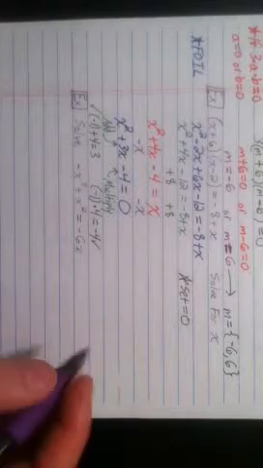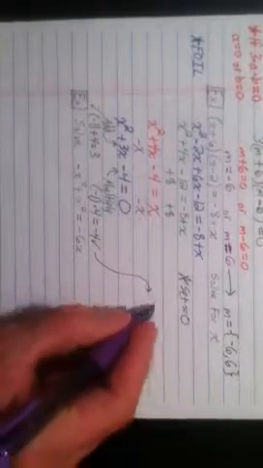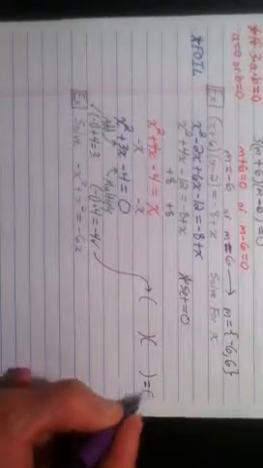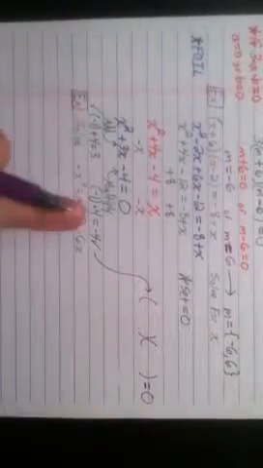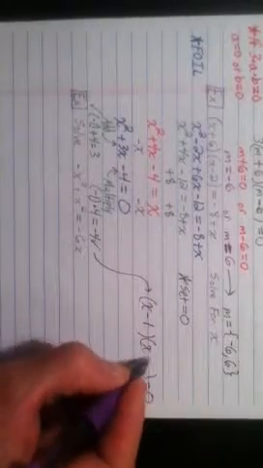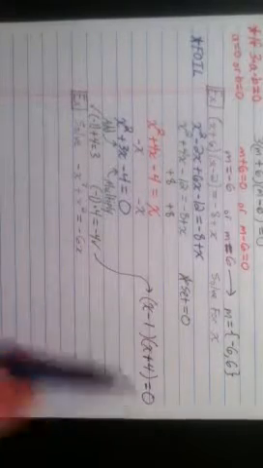This tells us what we have is going to factor into a double parenthesis equaling 0 of x minus 1 and x plus 4. Alright, so now we have a times b equals 0.